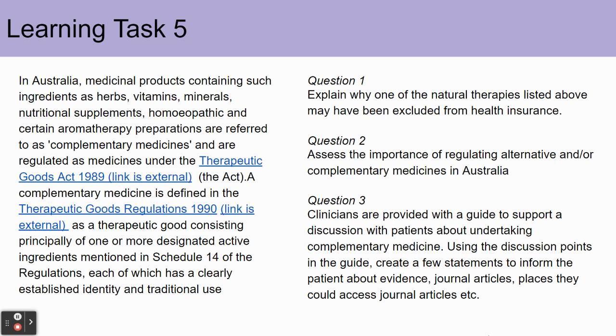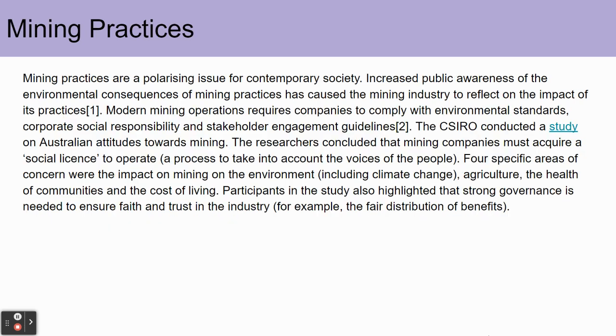There is also a guide given to clinicians, so I guess GPs and doctors, to discuss with their patients if they want to undertake complementary medicine. Using your knowledge of evidence and research, you're going to create a few statements to inform people about the evidence they can use to make an informed decision.